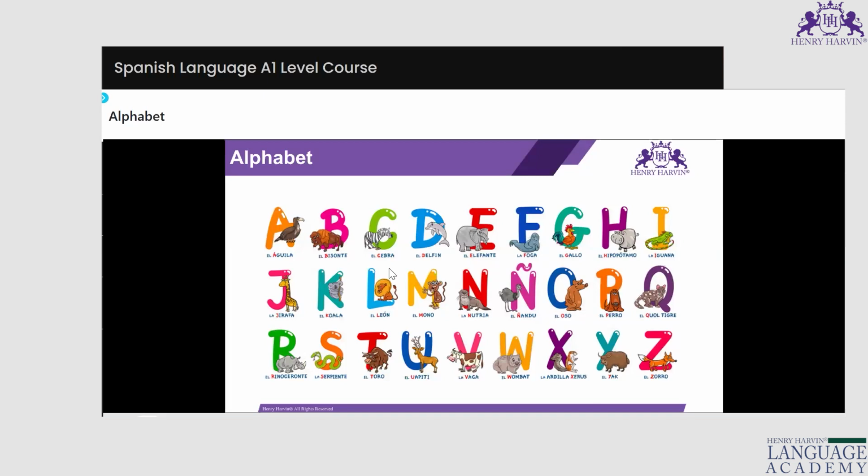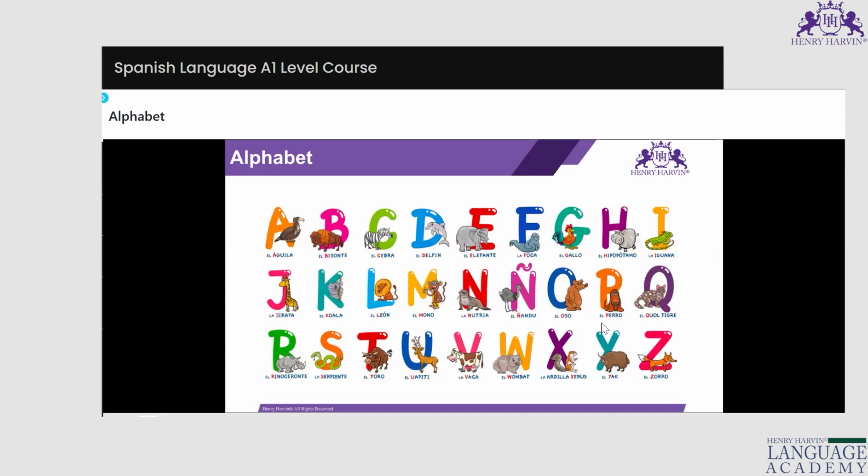Bisonte, cebra, delfín, elefante, foca, gallo, hipopótamo, iguana, jirafa, koala, león, mono, nutria, ñandú, español, España, all this with ñ.